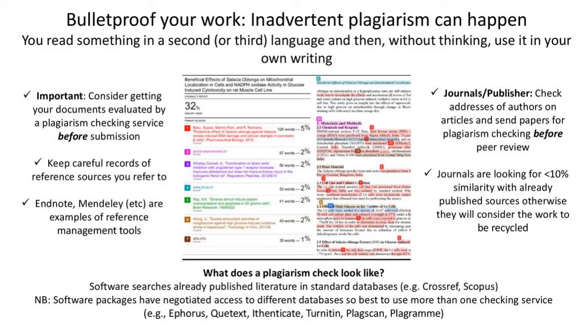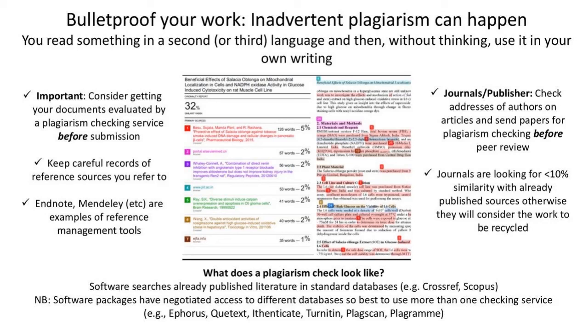Of course, it's also important to keep careful records of the sources that you use. EndNote, Mendeley, these are examples of reference management tools that many authors are using to keep track of where you read your sources so that you can cite them in your own articles.